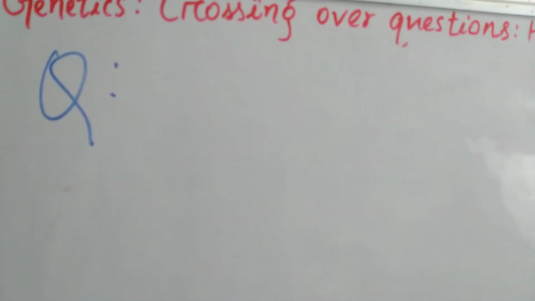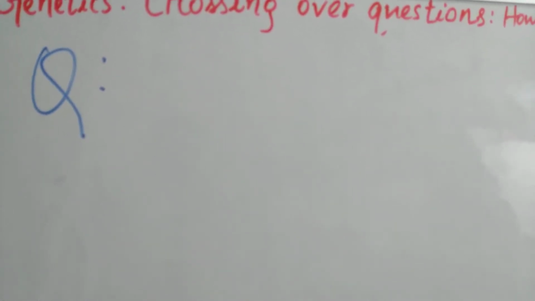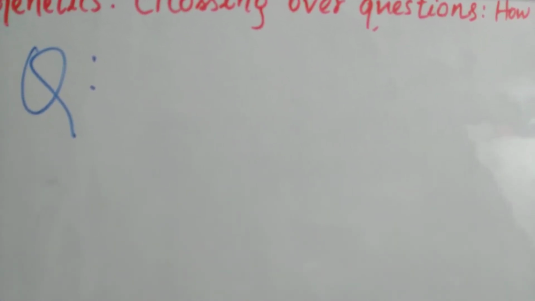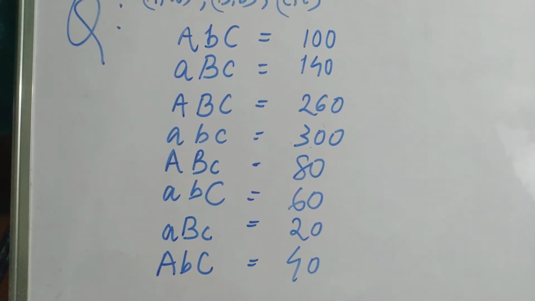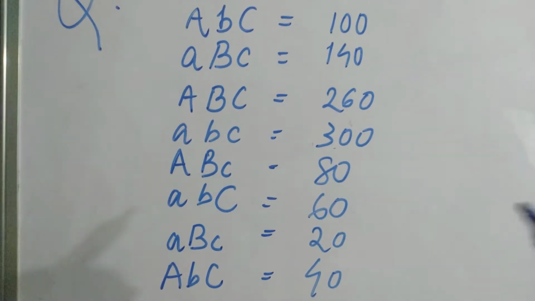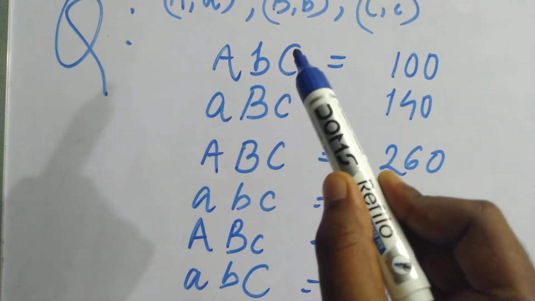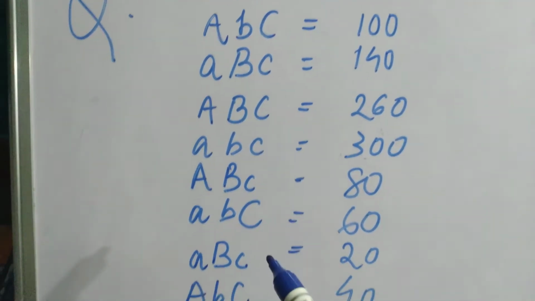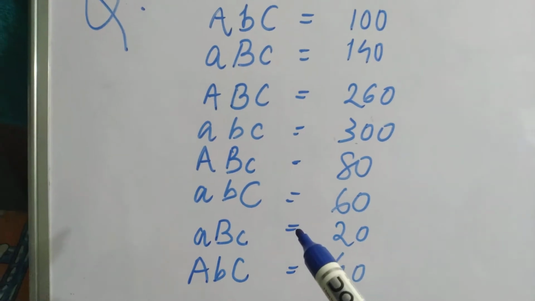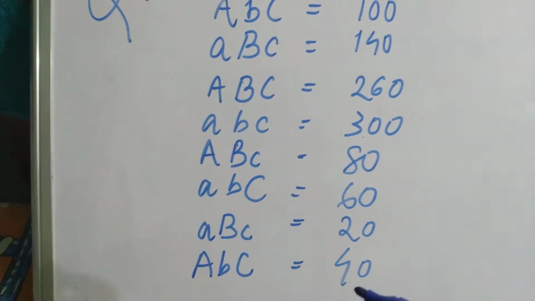So let's come to the question part. The questions will be provided either in the form of character names or in the form of alleles. You just have to interpret them in your own way.